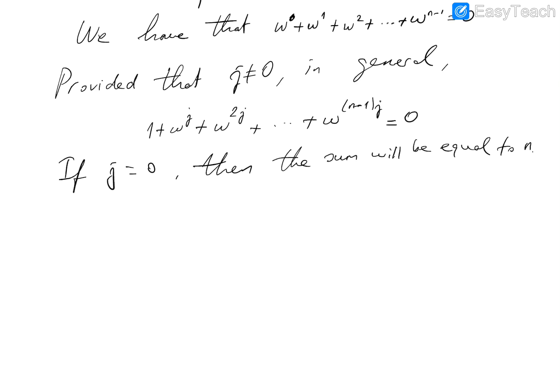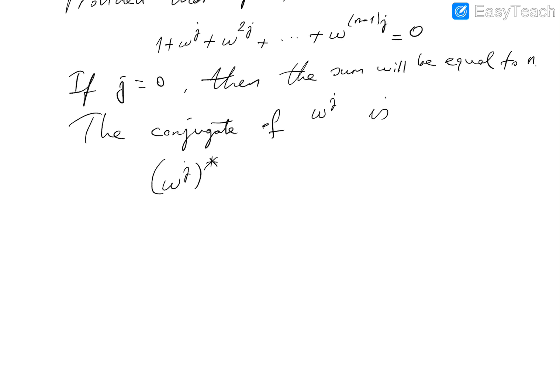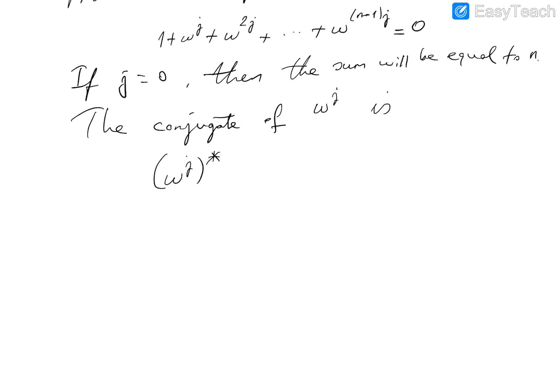The complex conjugate of, say, omega to the j is omega to the j star. And this is in fact equal to omega to the n minus j.